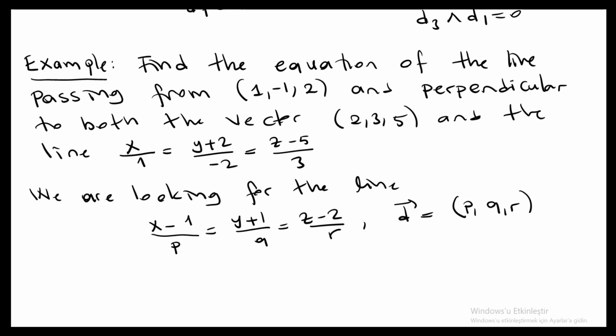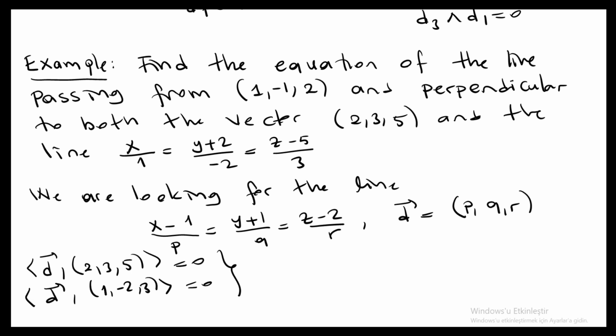So d dot 2, 3, 5 will be 0 and d dot 1, negative 2, 3 will be 0.